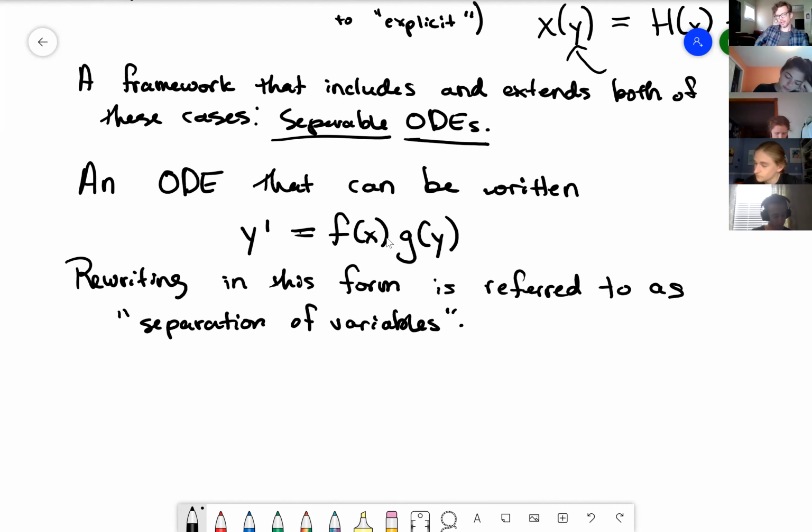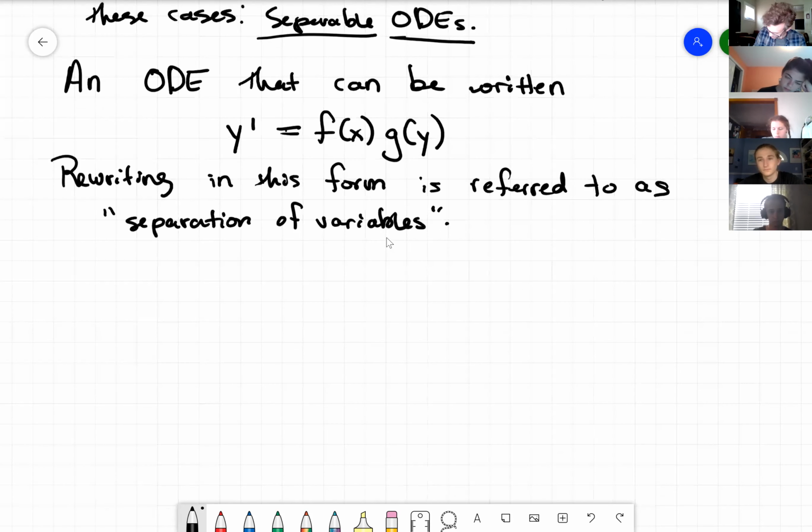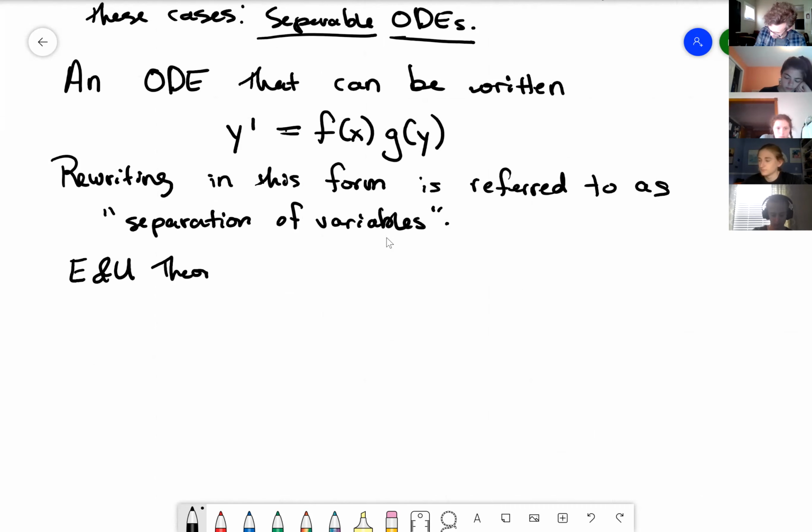Now, the first thing I'll note about writing things in this form is that it allows us to very easily check the hypotheses of the existence and uniqueness theorem. So the existence and uniqueness theorem, what were the conditions for that to apply?